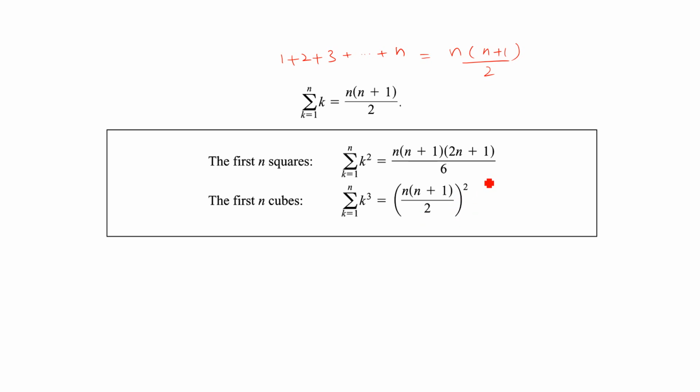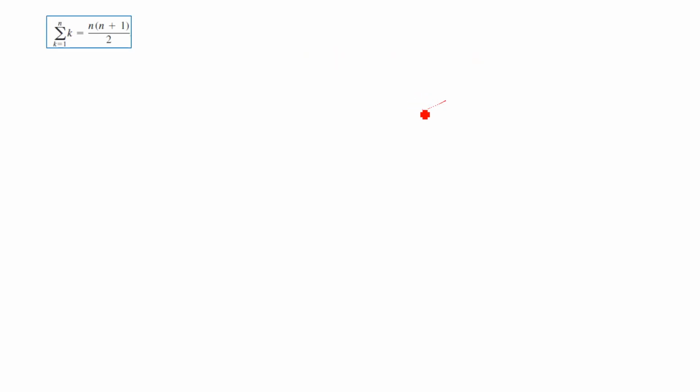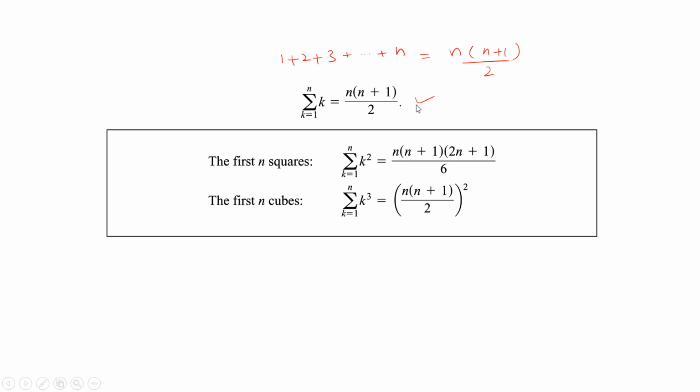I think all these are easy to remember, and I'm going to prove one of them for you. The rest you can prove yourself. So let's prove this first: sigma k, k varies from 1 to n, is equal to n into n plus 1 divided by 2. So let's start the proof.